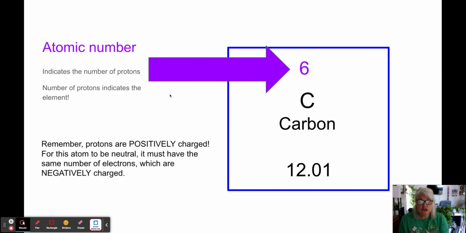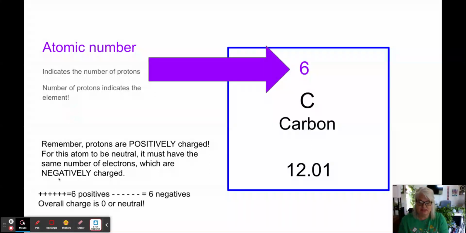Now, if it's neutral, which we are going to assume unless I tell you differently, that means it also tells you the number of electrons because remember, protons are positive. And so if I have 6 of them, that means I have 6 positives. Picture that, that's in the nucleus. I have to balance that out somehow with some negatives in order to have 0 charge or be neutral.